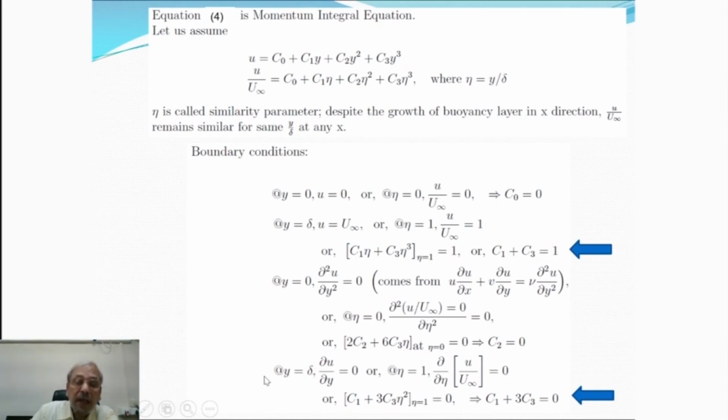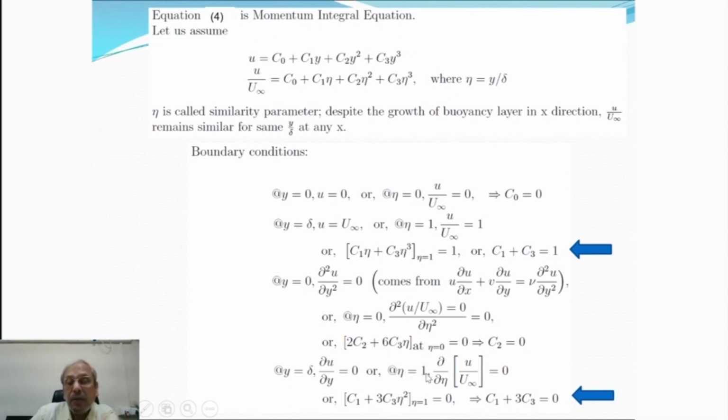We have already applied the other condition and found c2 equal to 0. Then we go for the remaining boundary condition that at y equal to delta, del u del y is 0. The velocity gradient becomes 0. U becomes equal to u infinity, and from the edge of the boundary layer to the rest of the flow field in the y direction, we can apply del u del y equal to 0.